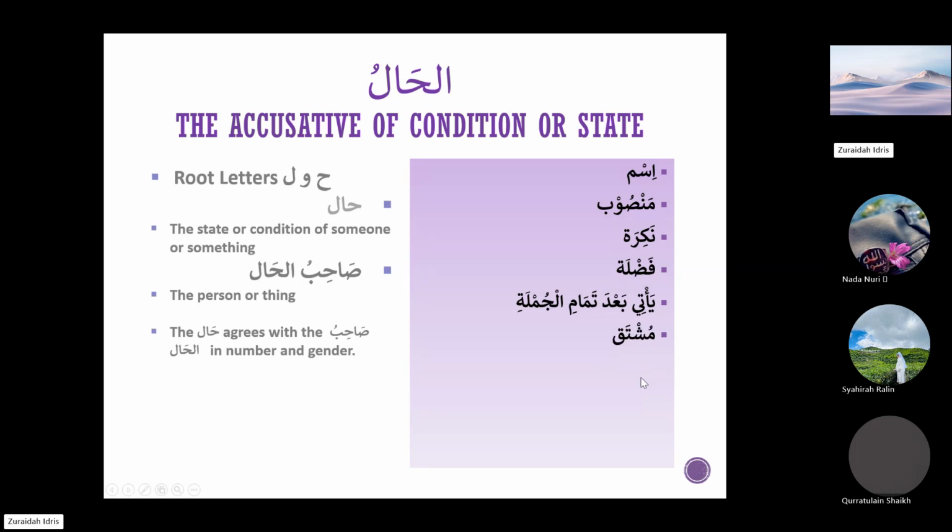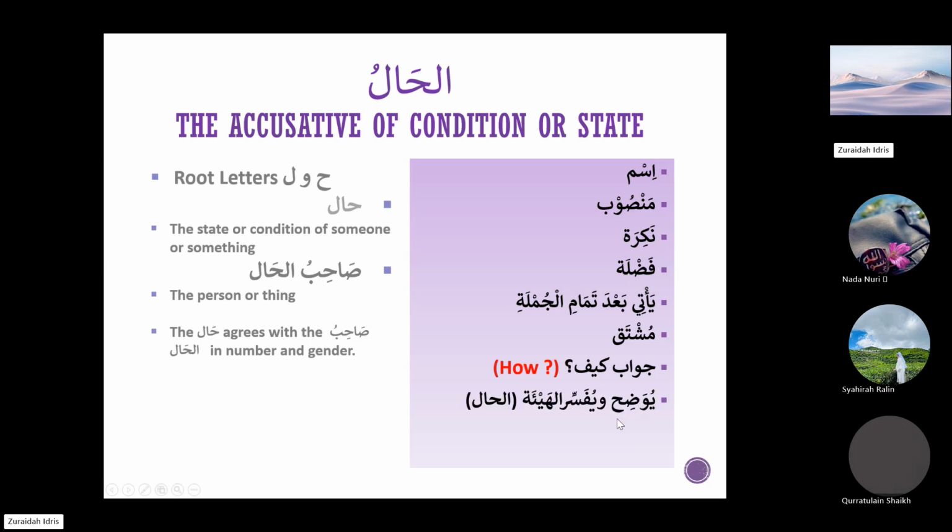It's mushtaq. This is the difference between hal and tamyiz, the first difference that you see, because this is derived. The hal comes in a form, in terms of sarf, like isim fa'il or isim maf'ul. We'll see this later on. And it answers the question of kaifa, how? And it does the same thing.